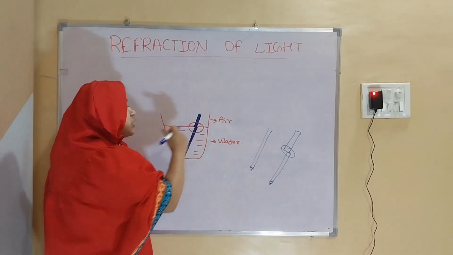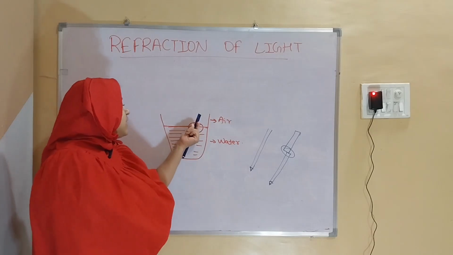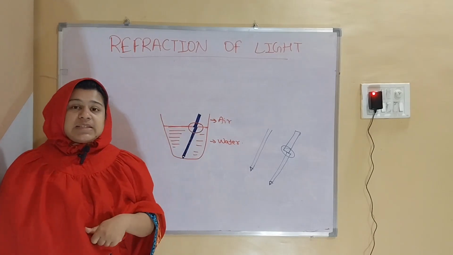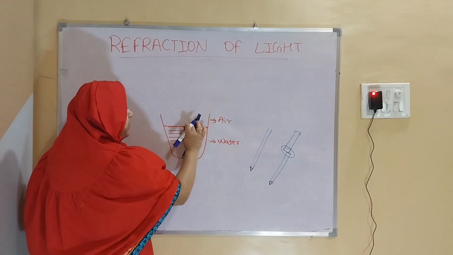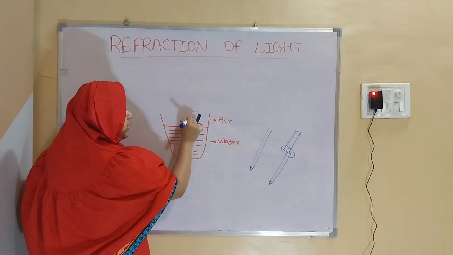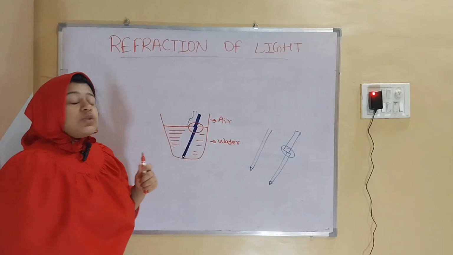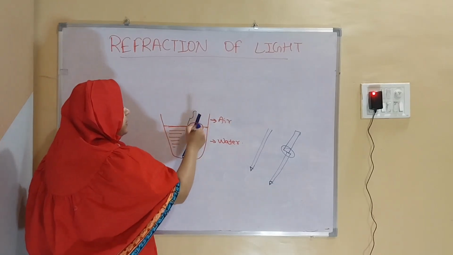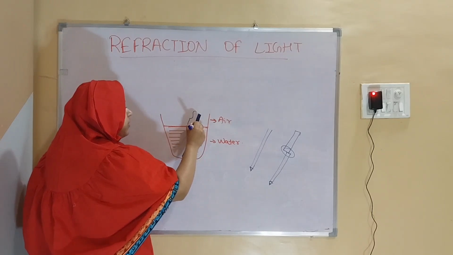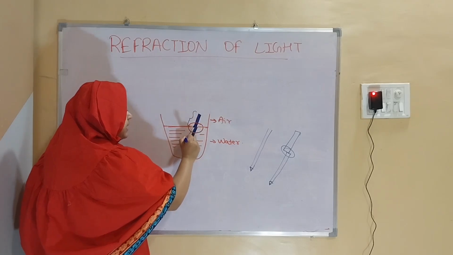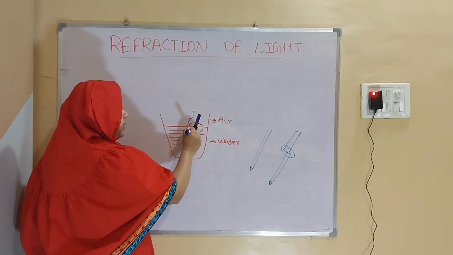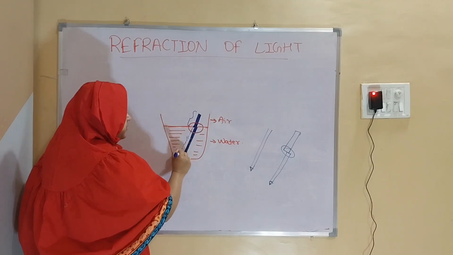So due to this change in direction, we could see the pencil slightly displaced at the interface. If we look at the portion which is in the air, it feels that the light is coming from this path.